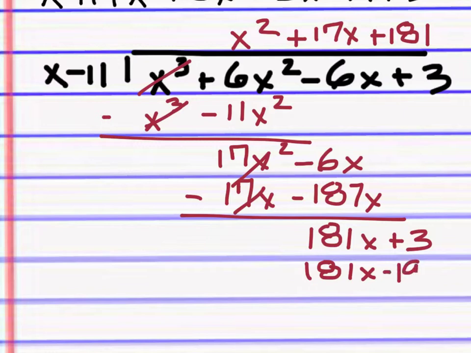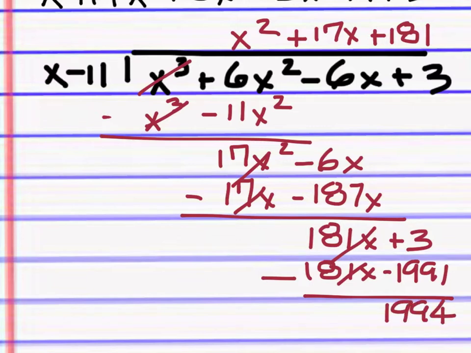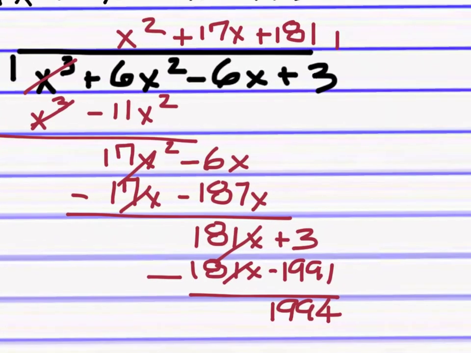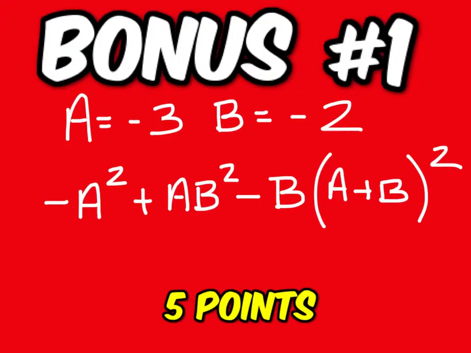So that's a negative 1991. 3 minus a negative 1991 is going to be a positive 1994. So we'll just put that up here to the right as a remainder for the final answer.